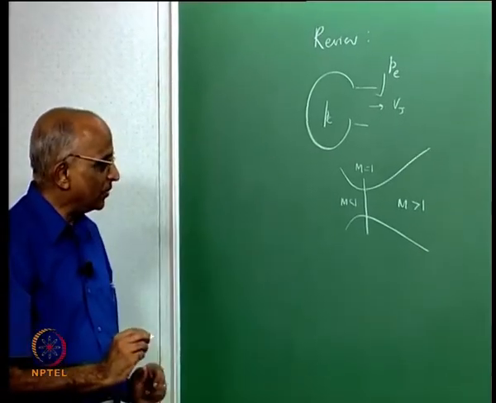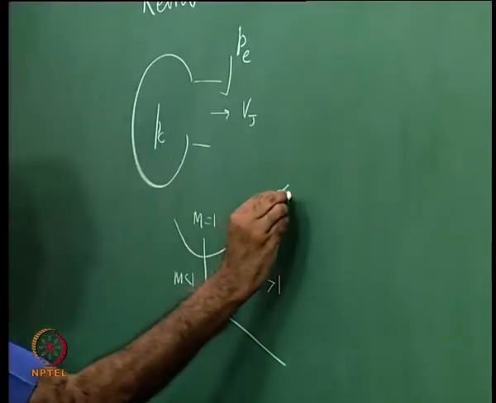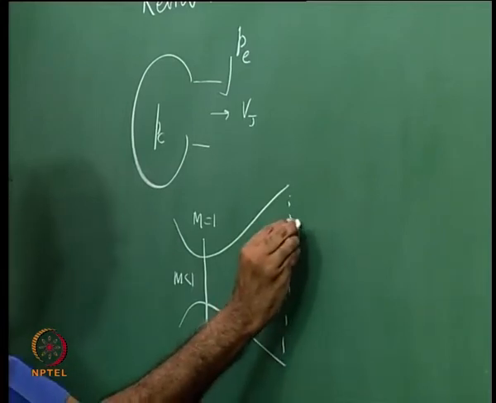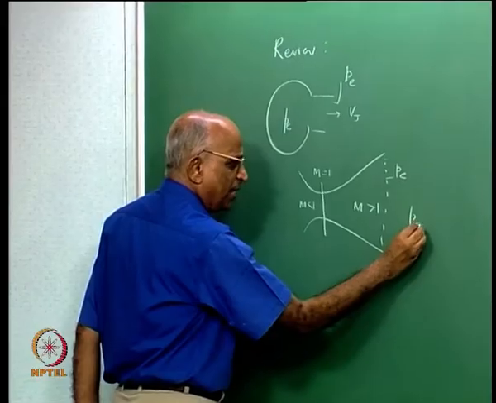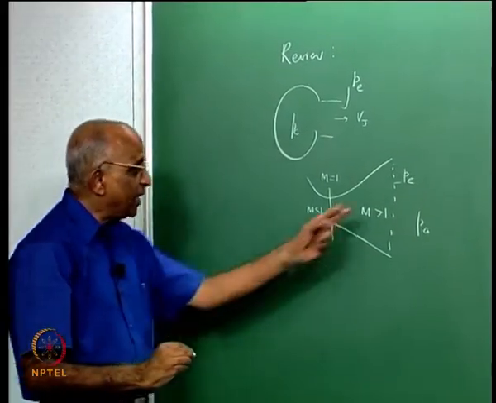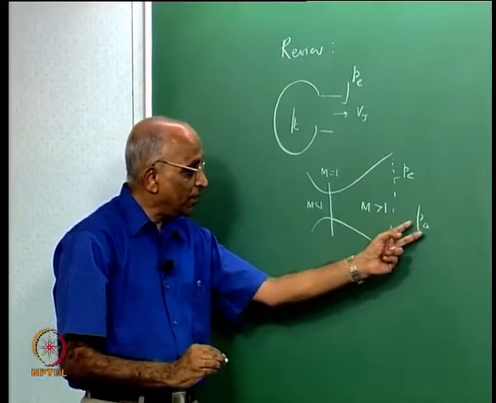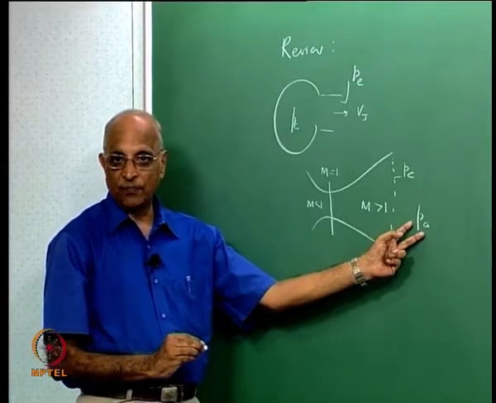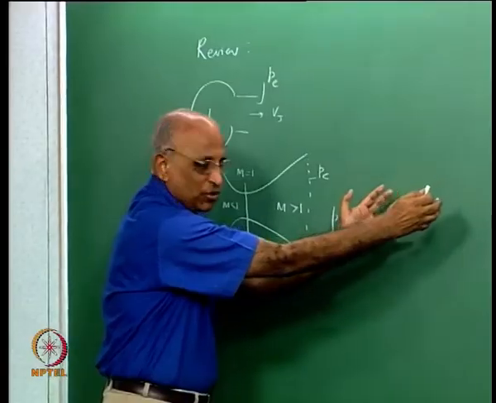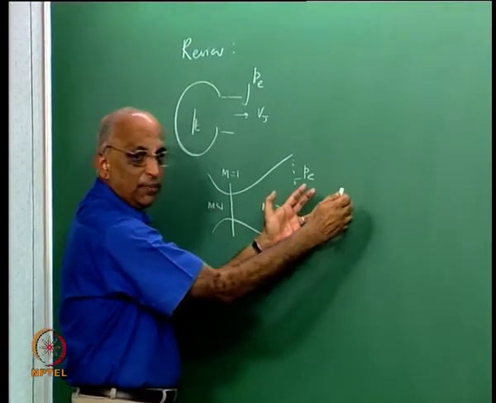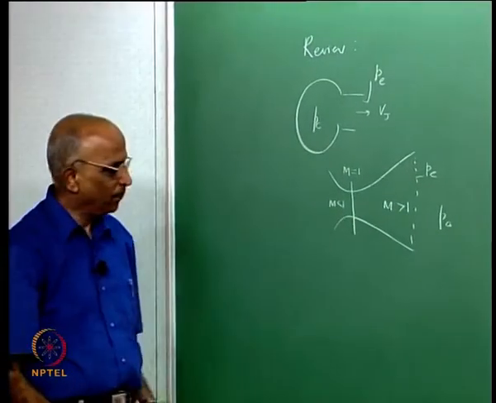After having done this, we said at the exit I have exit pressure Pe, the ambient pressure is Pa, and if the exit pressure is not matched to the ambient pressure, I could have something like shock diamonds in the process here, either due to under expansion or due to over expansion.